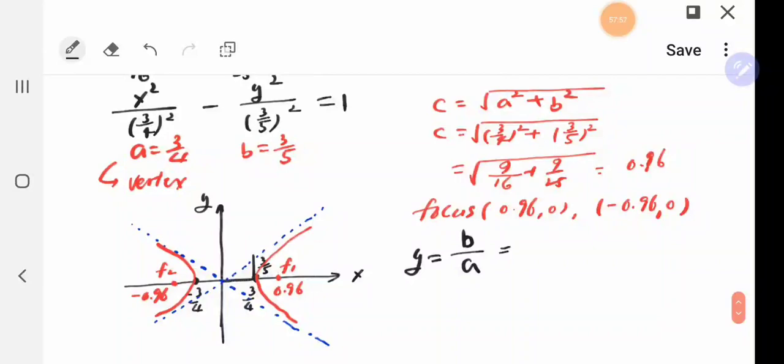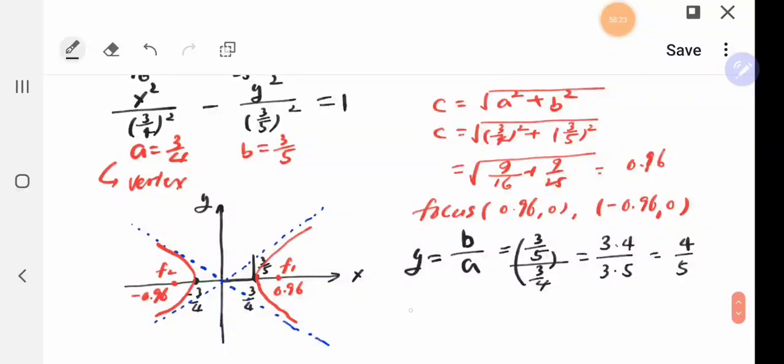So b is 3/5 and a is 3/4. Product of outside over inside is 3 times 4 divided by 3 times 5, so 4/5.